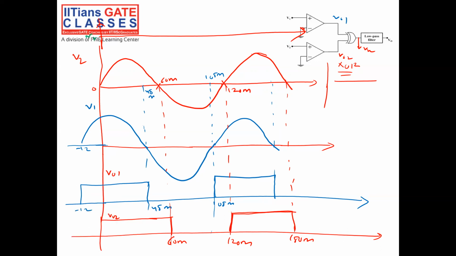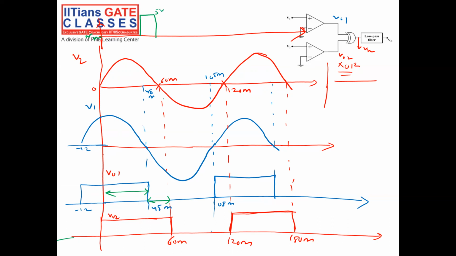You see, in this duration both V01 and V02 are 1, so the output is 0, right? And for this duration, V01 is 1 and V02 is 0, so the output will be 1. So for this duration I will get 5 volt, because XOR is giving 5 volt.